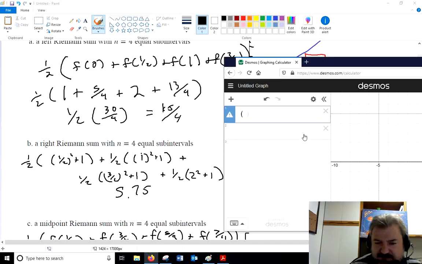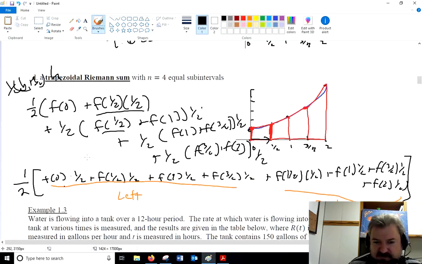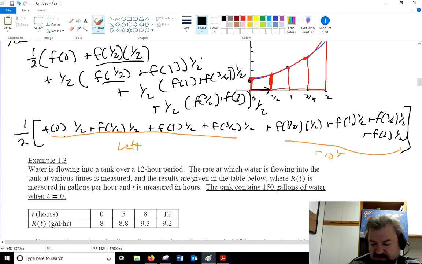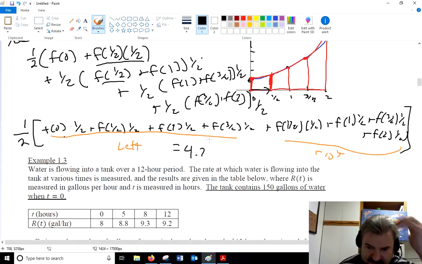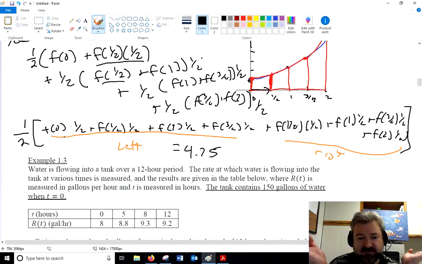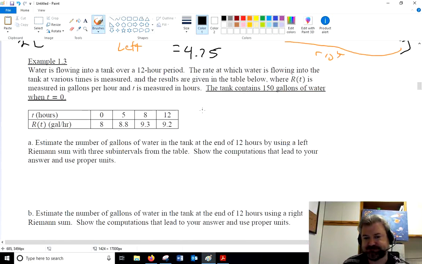We said 3.75 plus 5.75 over 2 makes it 4.75, which is really close to our trapezoidal Riemann sum, which we said was a good one. So what did we say it was again? 4.75 is our trapezoidal Riemann sum. So you can either make trapezoids if you have to find a trapezoidal, or you can find a left Riemann sum and a right Riemann sum and average the two.